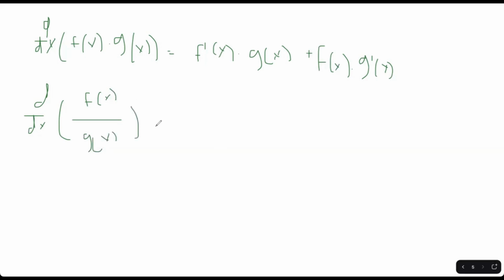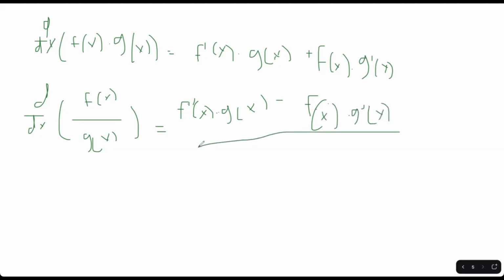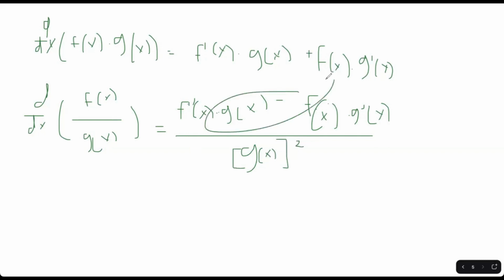It's going to be f prime of x times g of x, similar starting, minus f of x times g prime of x, over g of x squared. So a bit more complex. Order actually matters in this because there's a minus. Here, order did not matter.